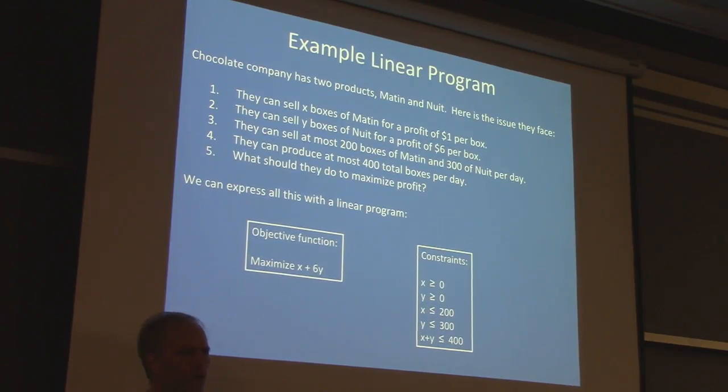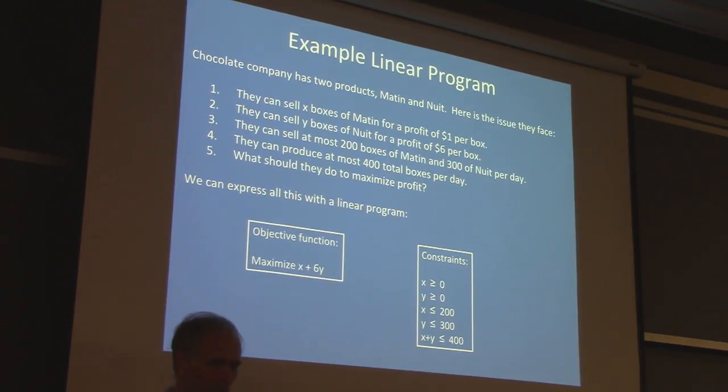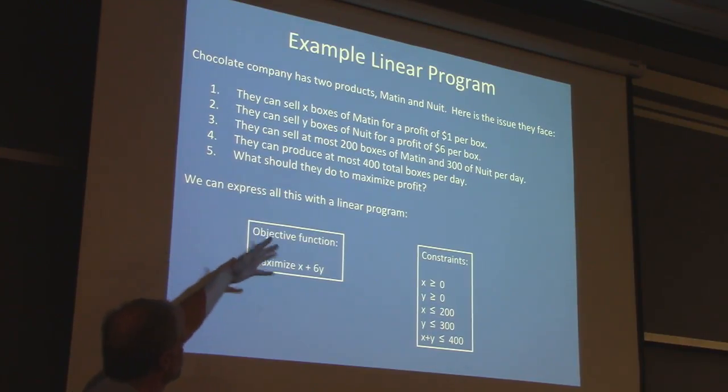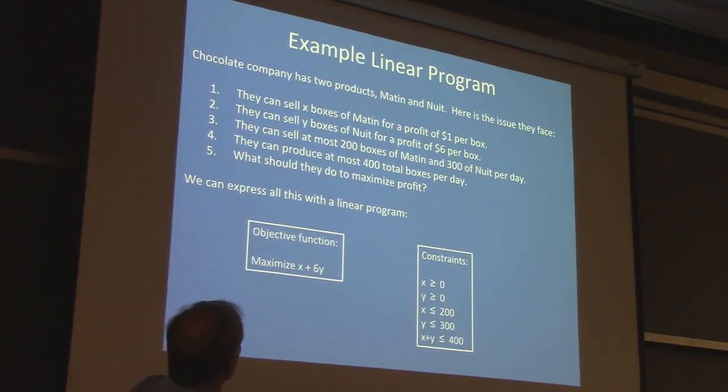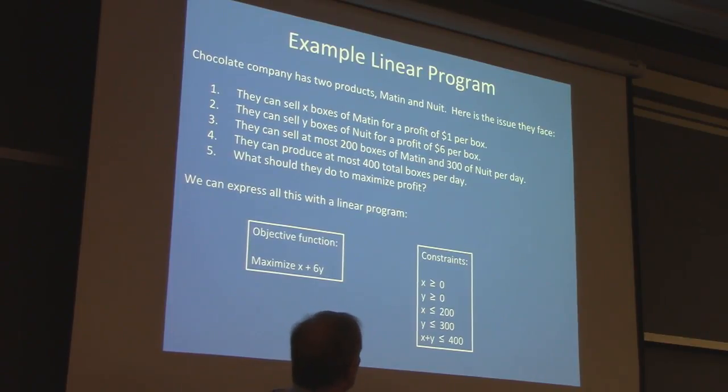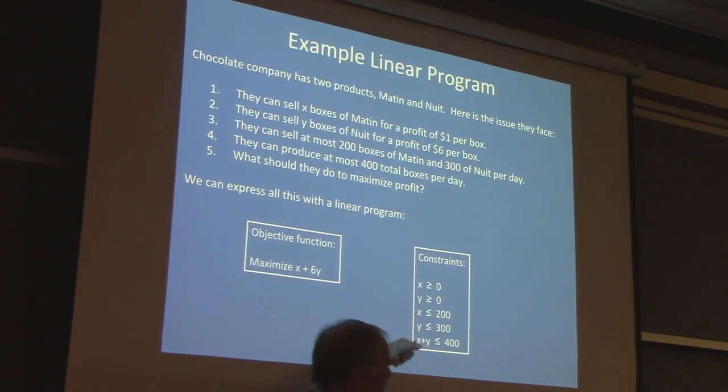So you can make a really complicated linear program with hundreds of variables, and then solve it to find the best way to steer your business. We can express all this with a linear program. We let x and y stand for the number of boxes of each type of chocolate that we're going to produce, and you create linear constraints.